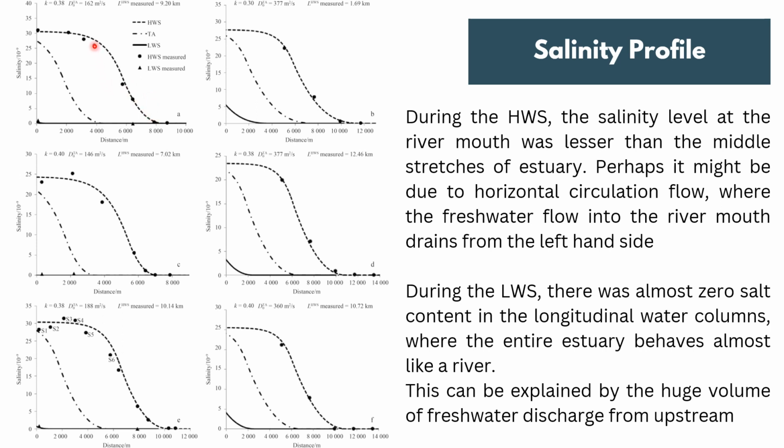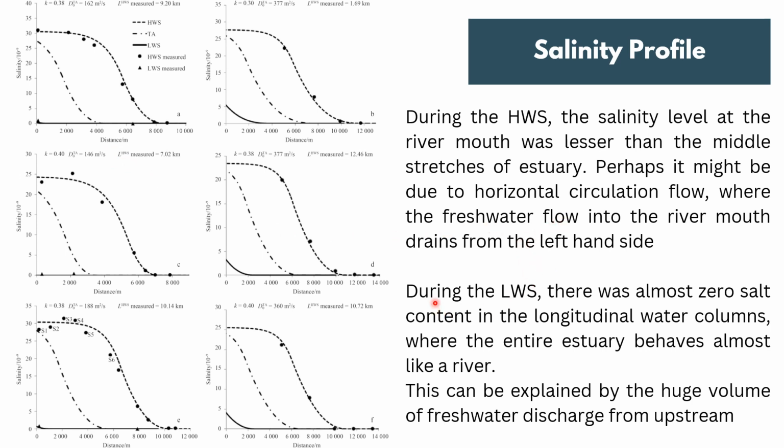The dots are the measured data, where we could see the measured data is quite aligned with the simulated data, and they still stay within the same range. And as we can see, the model is able to represent the salt dispersions quite well.